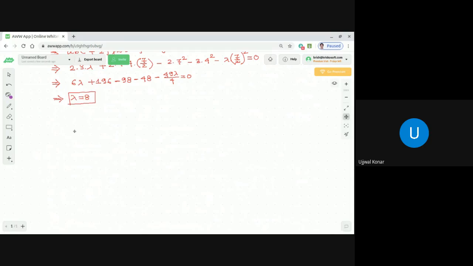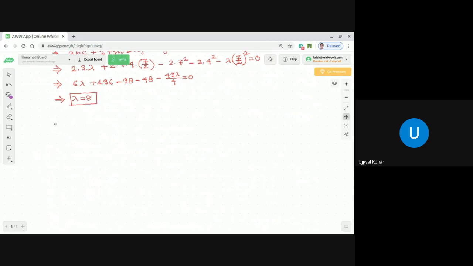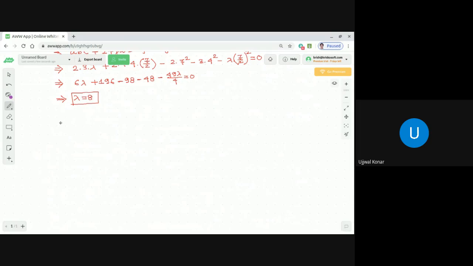One is, as we just learned today, ax square plus 2hxy plus by square plus 2gx plus 2fy plus c is equal to 0.